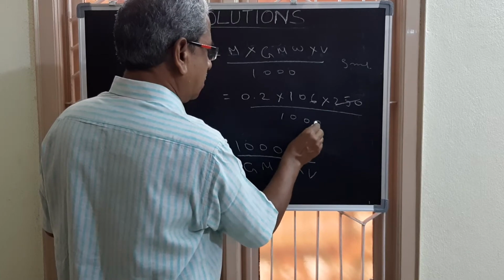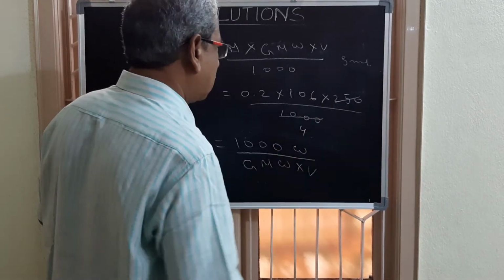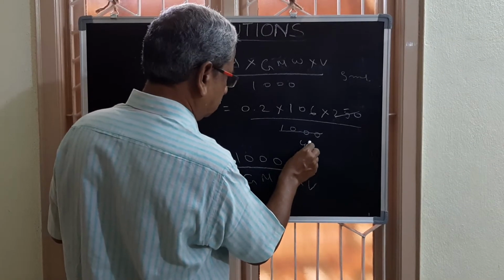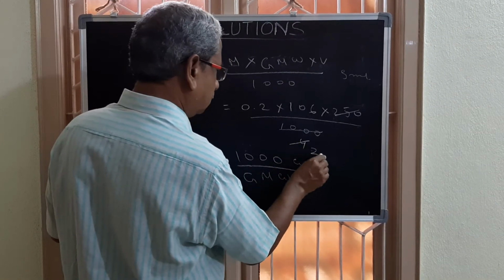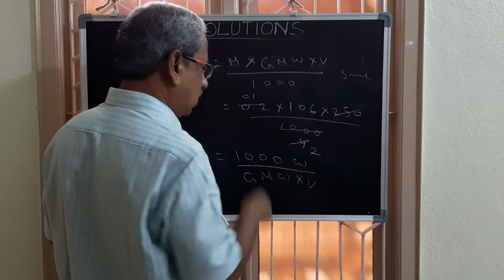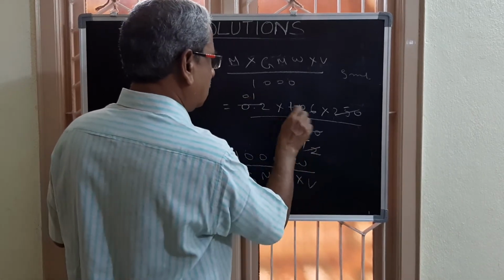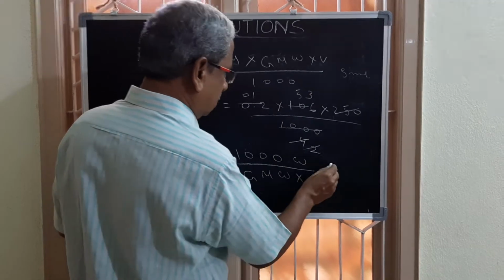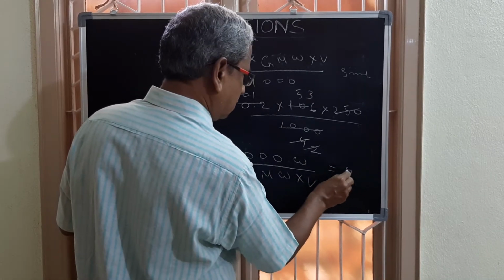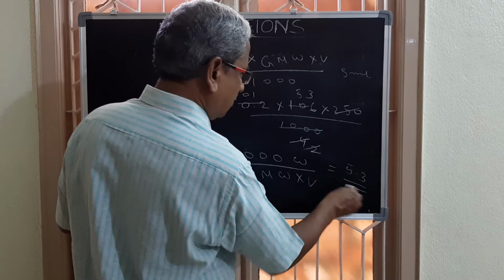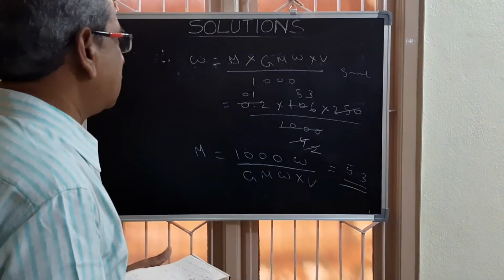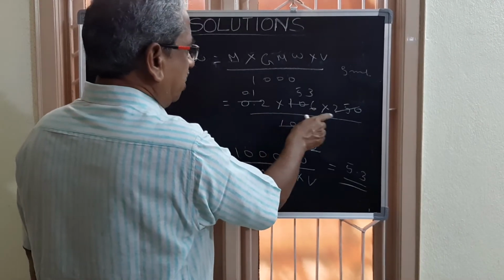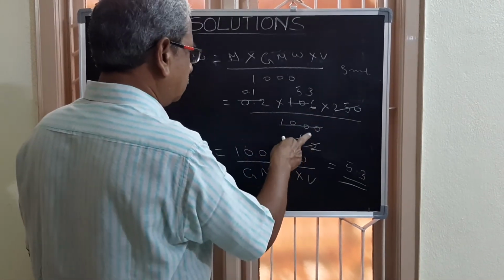That is 0.2 into 106 into 250 by 1000, which gives 5.3 grams as the answer.